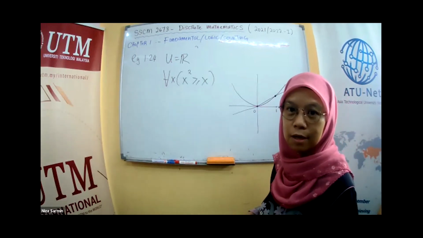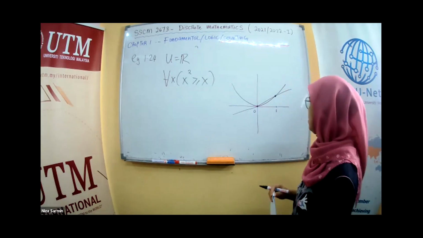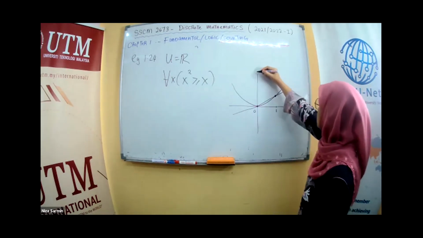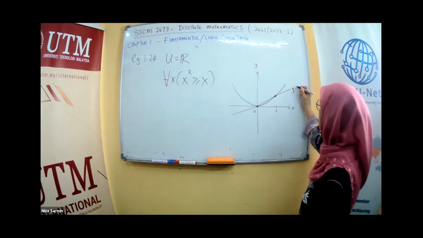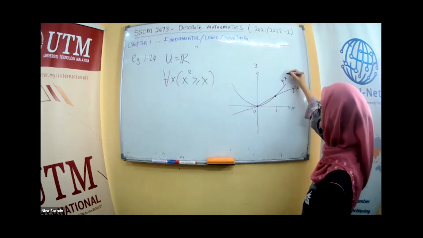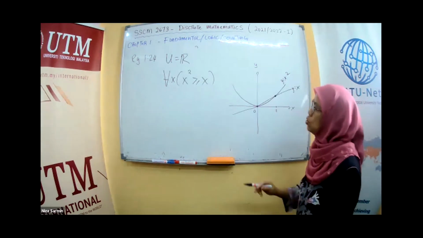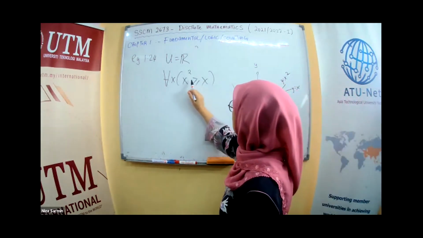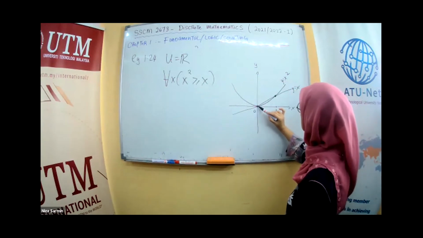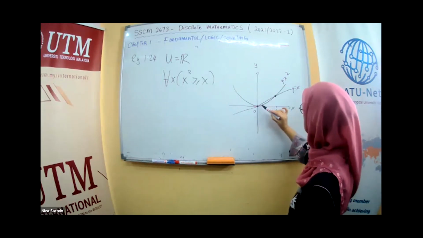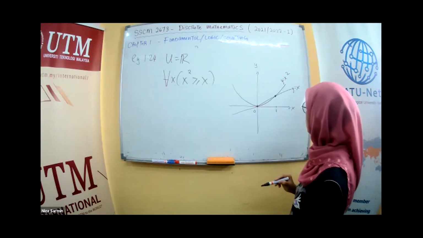They intersect at 1. Okay. X, Y. Okay. This is y equals x. This is y equals x squared. So you see, the one that x squared is bigger or equal to x is not this one, right? This one, y equals x, is bigger than y equals x squared.